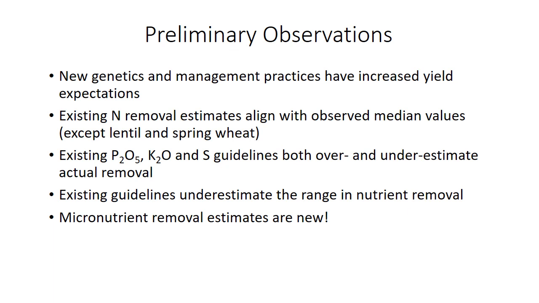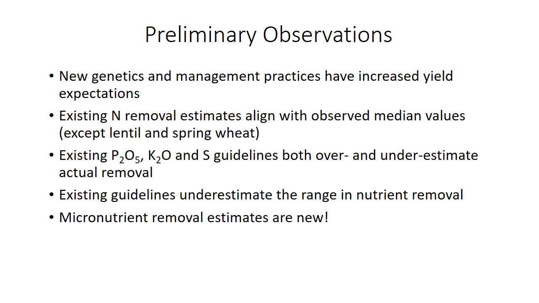So, preliminary observations. New genetics and management practices have increased yield expectations. Those N removal estimates were not bad, those earlier CFI estimates, maybe exceptions with lentil and spring wheat, but certainly the existing phosphorus, potassium, and sulfur guidelines both over and underestimate actual removal and really are in need of revision.